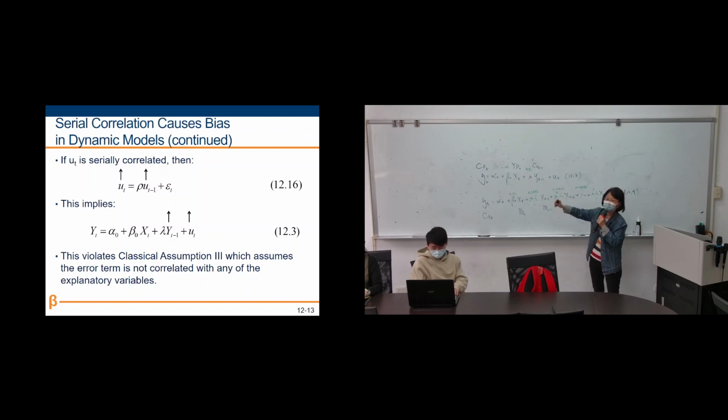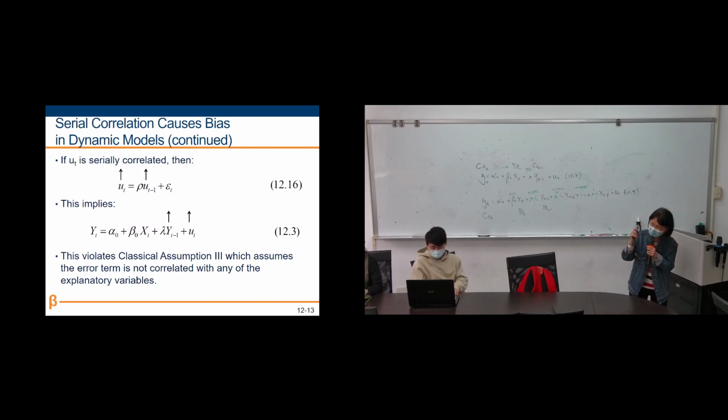Okay, so dynamic models, we need to fix the problem with serial correlations. We'll start talking about 12.3, which is called serial correlations and the dynamic models.